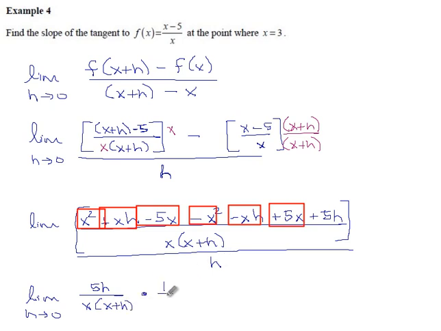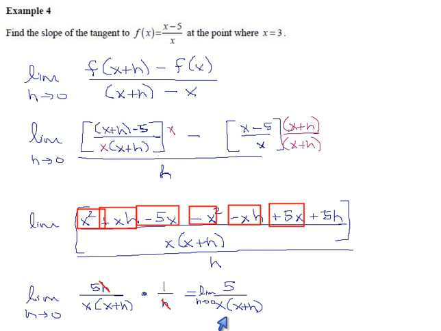And again, I'm going to write that times 1 over h because I need to conserve space. The h's cancel. Good. Bye. And we're left with 5 over x plus h. And lest we forget, this is in the limit as h goes to 0.